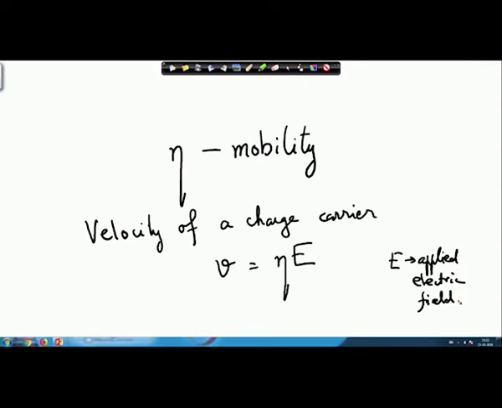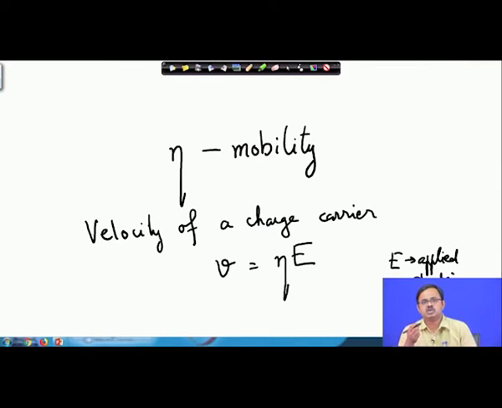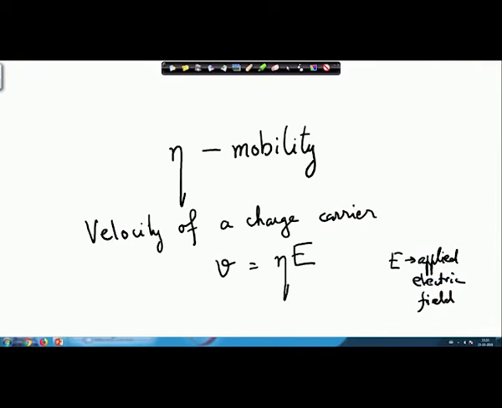So what does it mean? It means that if the mobility of the charge carrier is high, its velocity is also going to be high, and therefore it is going to carry more charge. E again is the applied electric field, so it is not just mobility; the velocity also depends on the electric field applied on the charge carrier, but as you can see, the mobility plays a role.